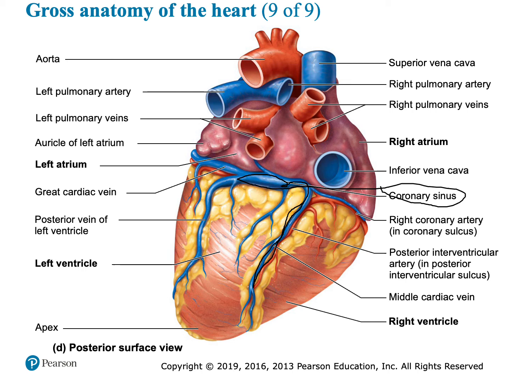And that's what's going to dump into the right atrium also, so that it can take that deoxygenated blood to the lungs to get reoxygenated. Here's the great cardiac vein. So he's doing this little circle right here, coming back from the front side, right? From the anterior interventricular sulcus area and dump into the coronary sinus.